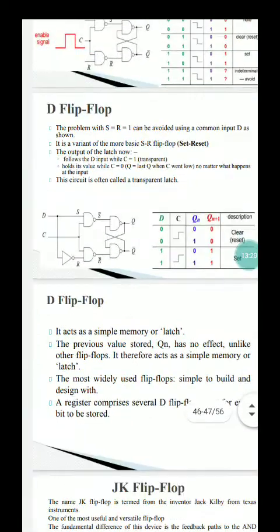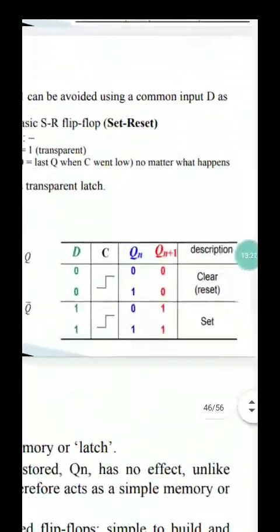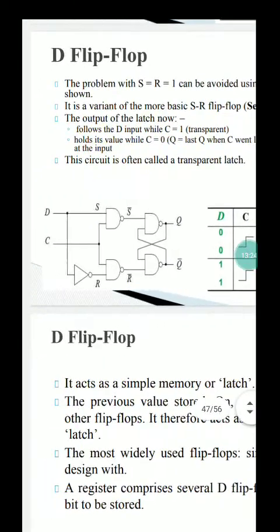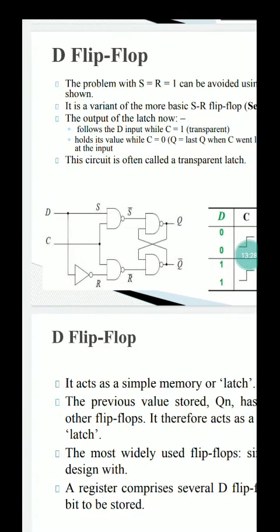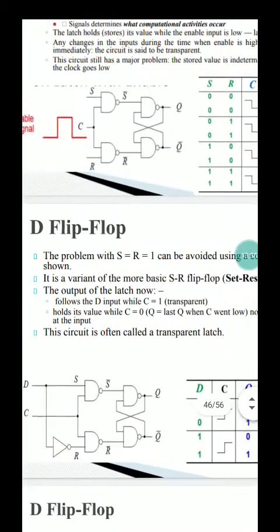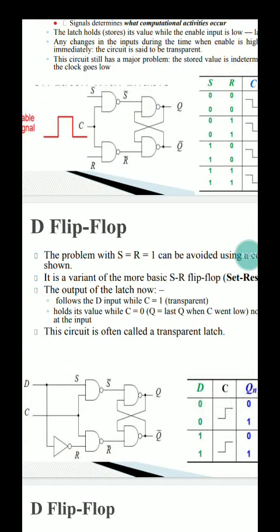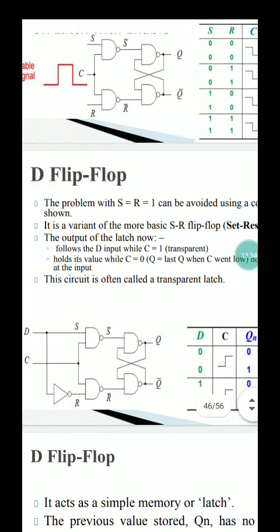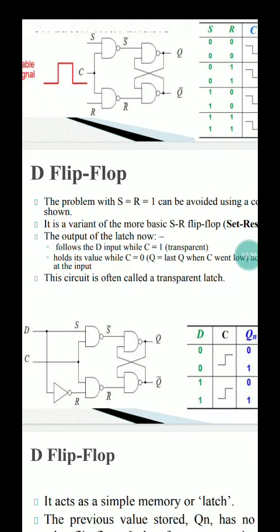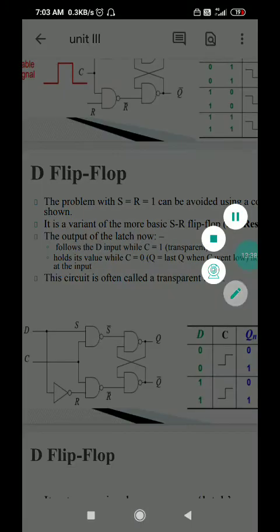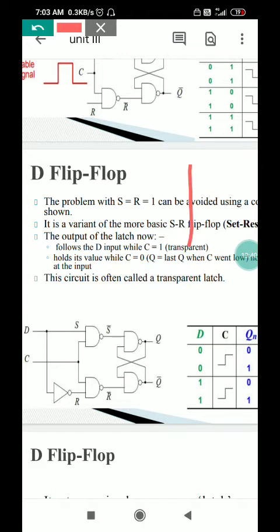Then we have the D type of flip-flop. D stands for delay. This is the circuit diagram. The circuit diagram is the same as the SR flip-flop. The only change is that the two inputs S and R are looped, meaning we have connected this S and this R through a NOT gate.